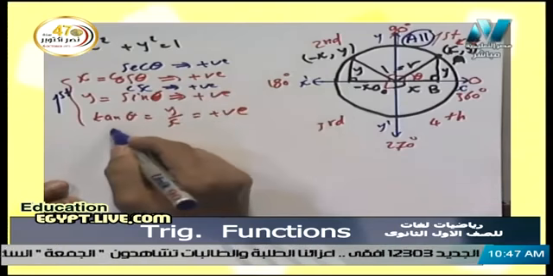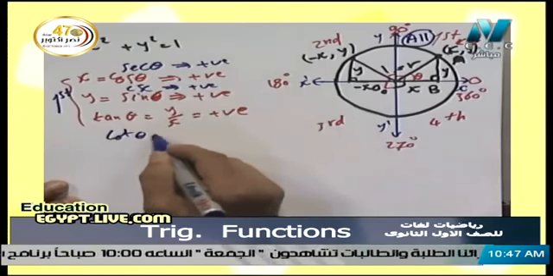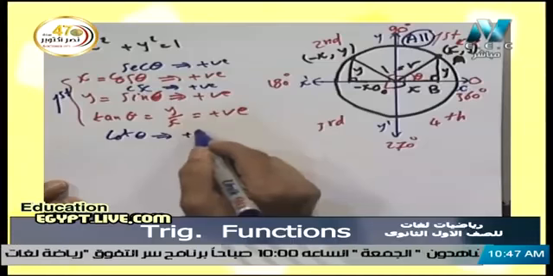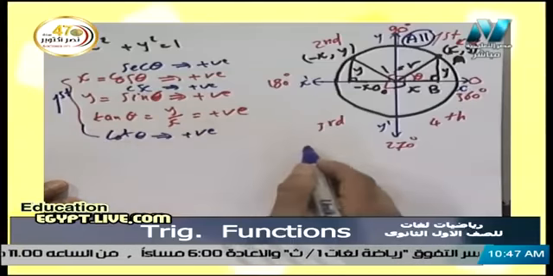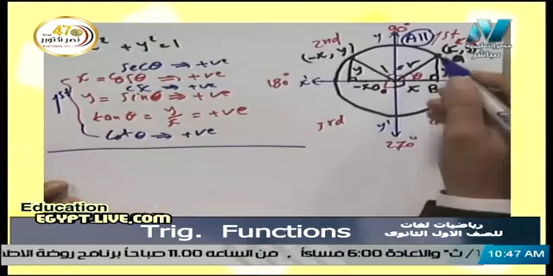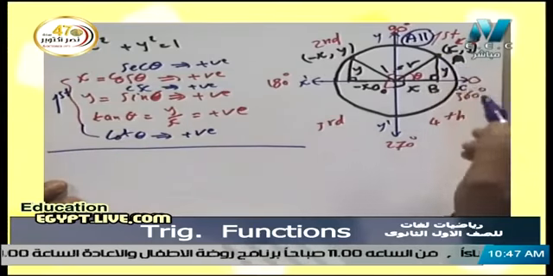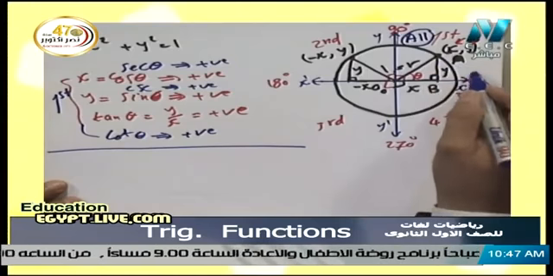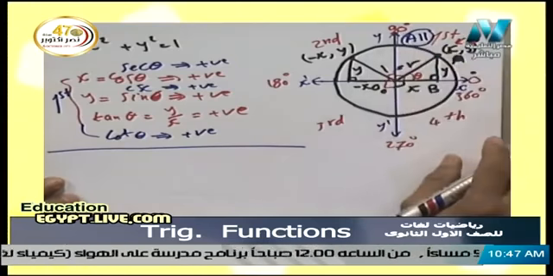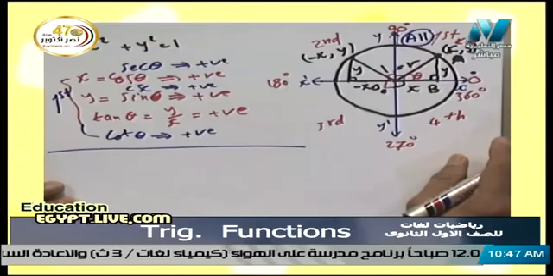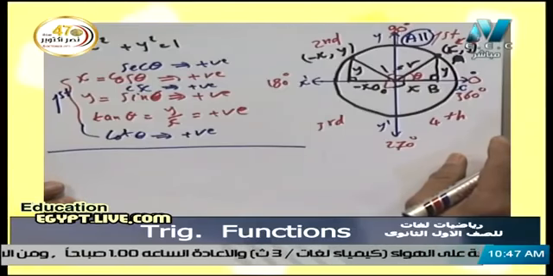And the reciprocal of tan is cotan, and of course cotan will be positive because its reciprocal, tan, is positive. So all trig functions are positive in the first quadrant, which lies between 0 degrees and 90 degrees, maybe 30 degrees, 50, 60, and so on.